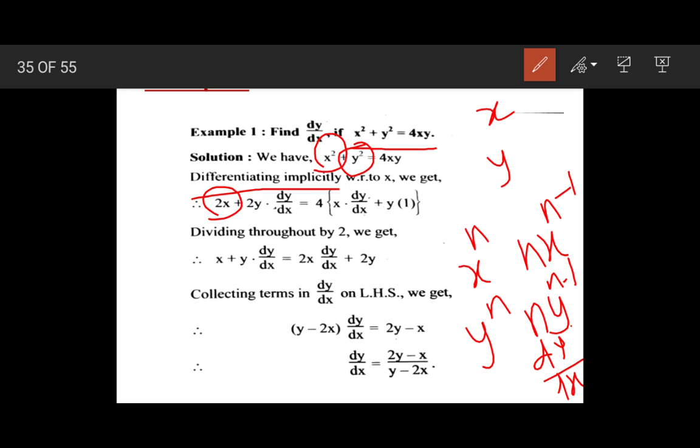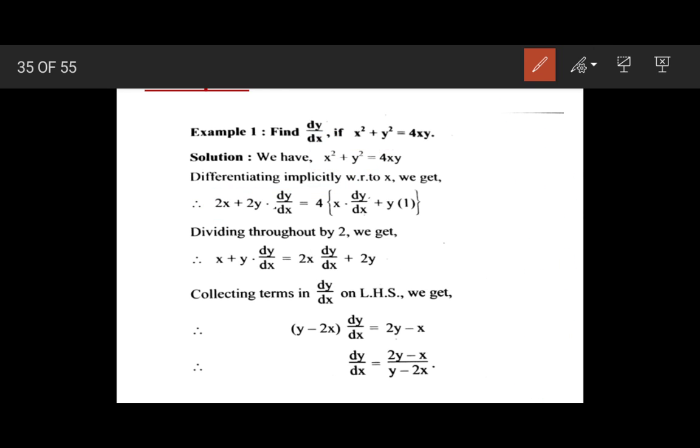Whenever you are using the derivative formula in y, then you have to write this dy upon dx term. So as you can see, derivative of x square is 2x, derivative of y square will be 2y into dy upon dx. Okay, dy upon dx will come because we are using the formula in y.